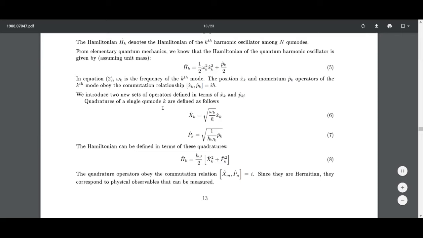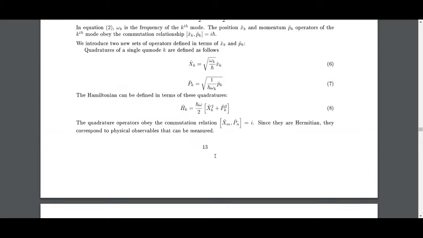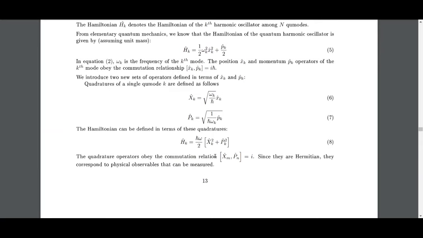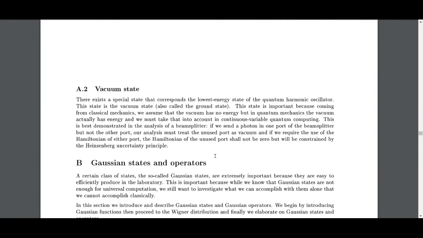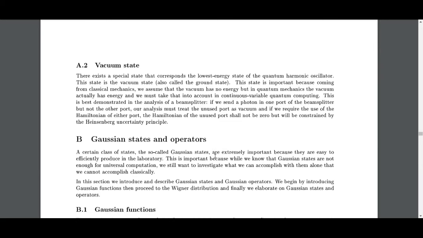The quadratures of a single Q mode are defined as follows: X, P. The Hamiltonian can be defined in terms of these quadratures. So we've got position and momentum, whereas in discrete quantum computing, you've got the amplitude and the phase.